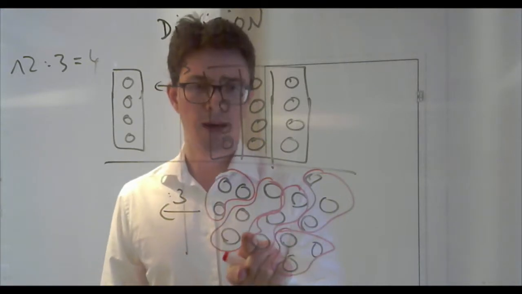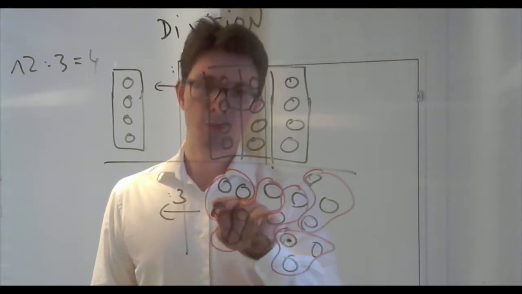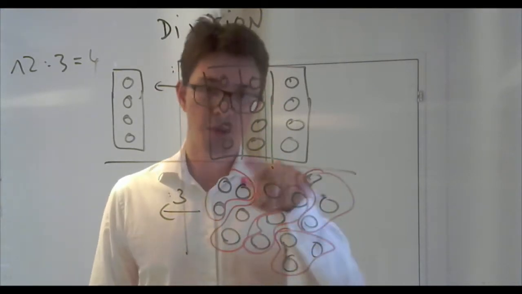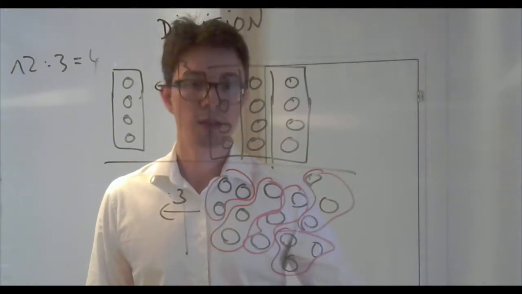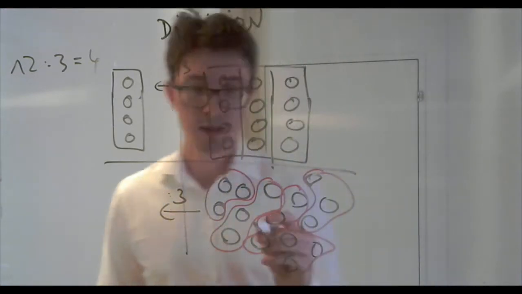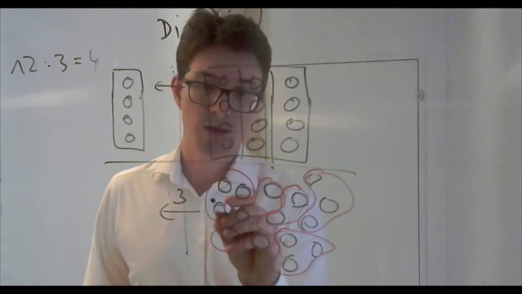But we don't want to divide into groups of 3 dots each. We want to divide the whole thing into 3 groups of dots each. So we actually retain 1 dot from each of these groups.